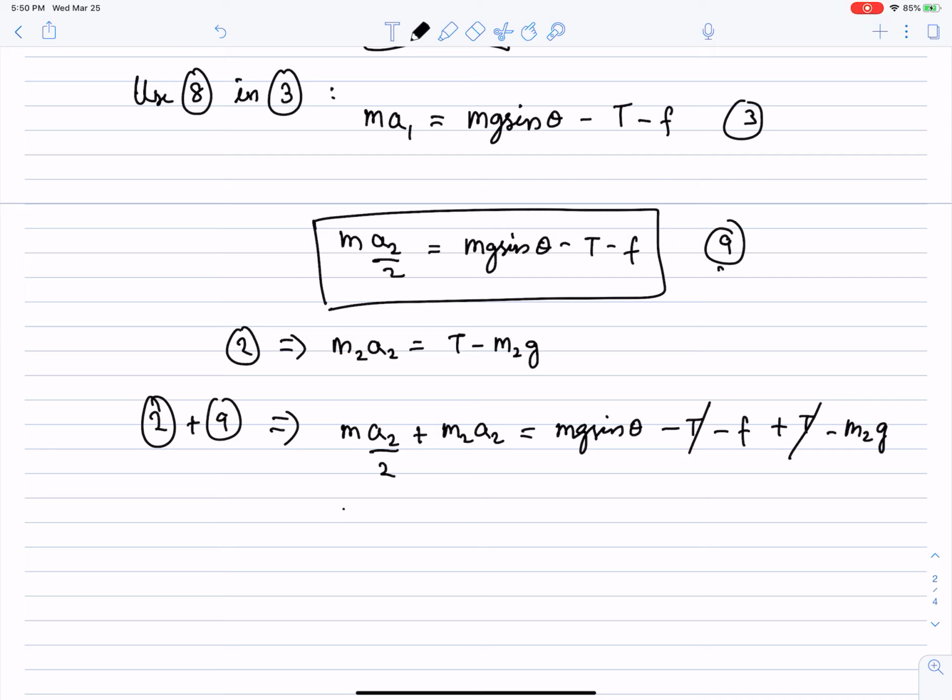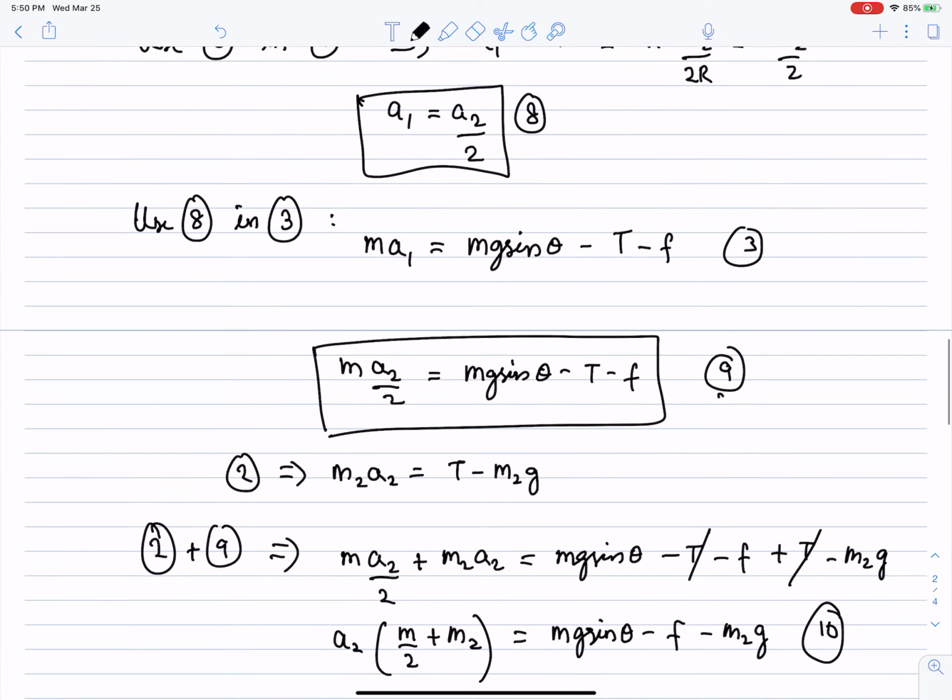So we have A2 times M over 2 plus m2 equals mg sine theta minus F minus m2g. Let's call that equation number 10.